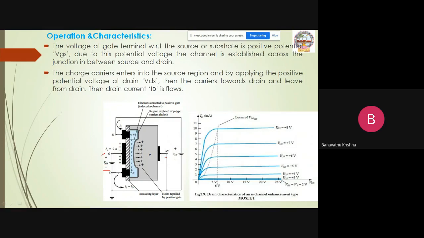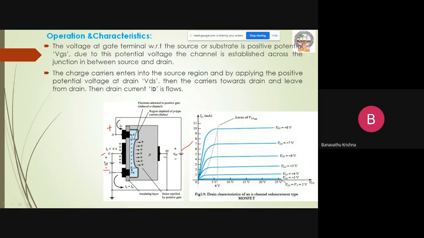Similarly, the purpose of the source region is that charge carriers enter through the source terminal. The majority charge carriers here are electrons, which have negative charge and are always attracted towards positive potential. So for that we apply a positive voltage here, the variable voltage VDS. With this positive voltage, the electrons move towards the drain region.